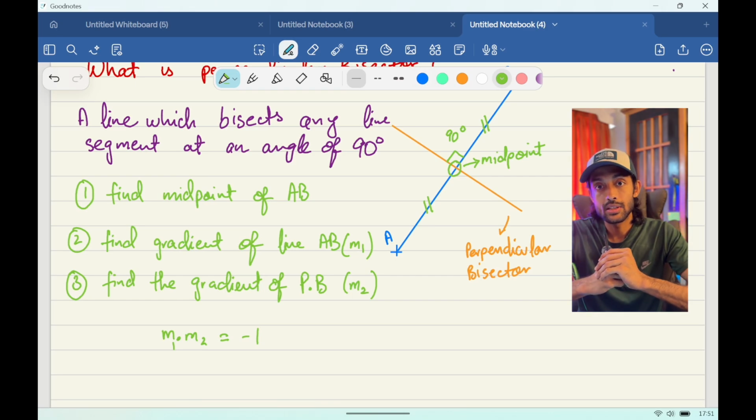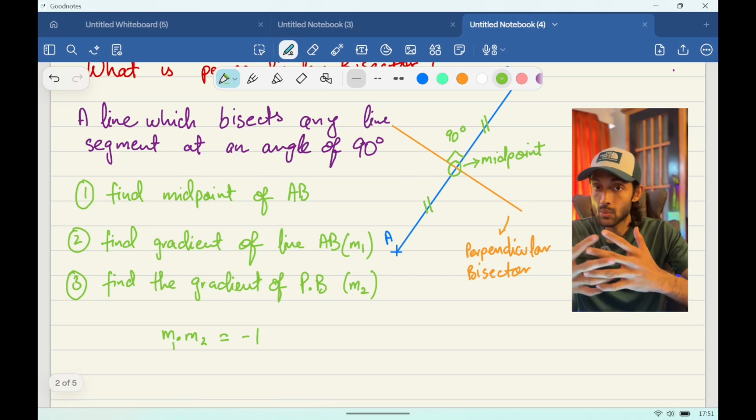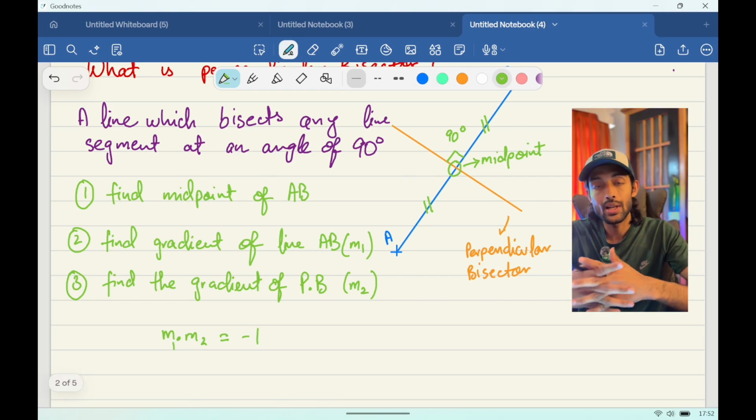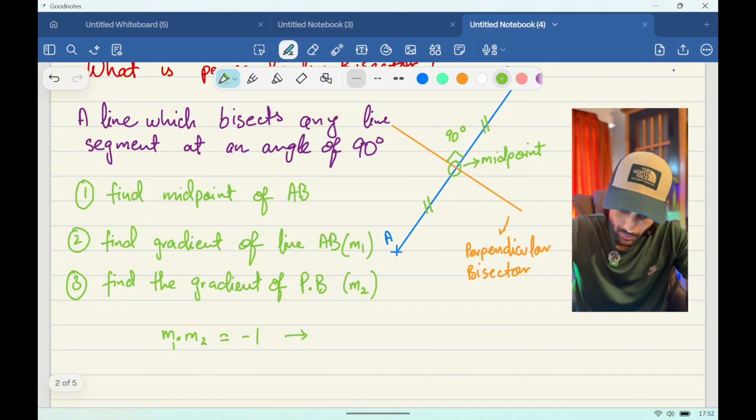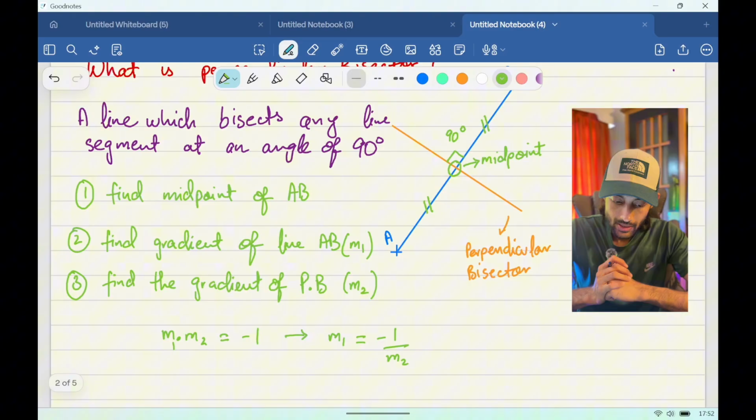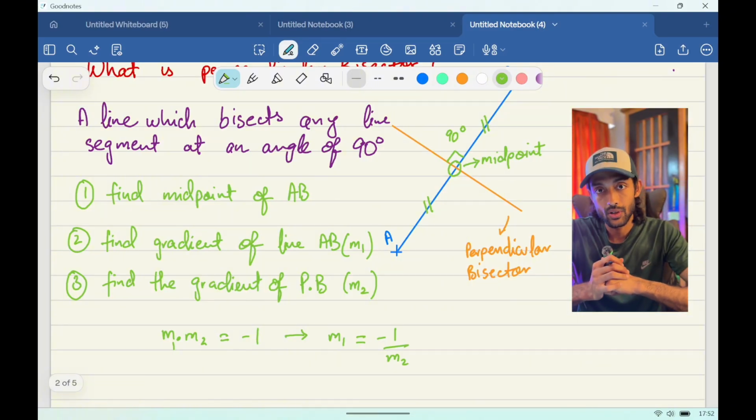In simple words, the slope of line 1 and the slope of line 2 will have the product of -1. You can also say that they are negative reciprocals of each other. So you can even write it like this. This is the third step that you need to perform.